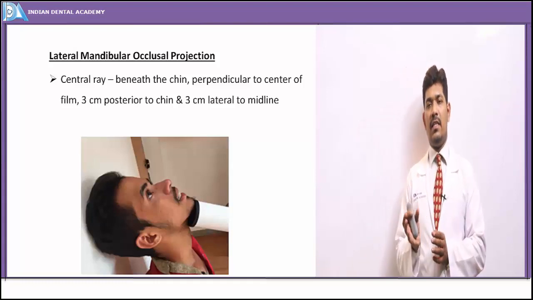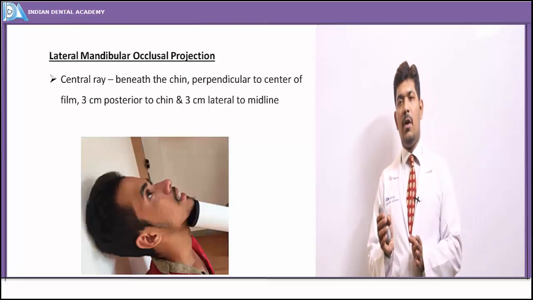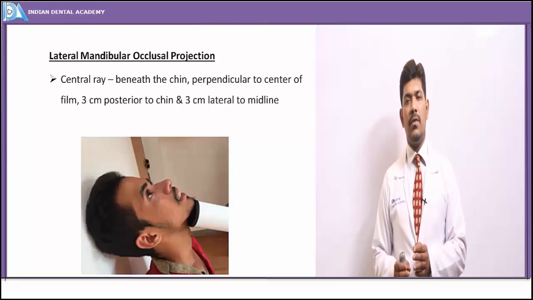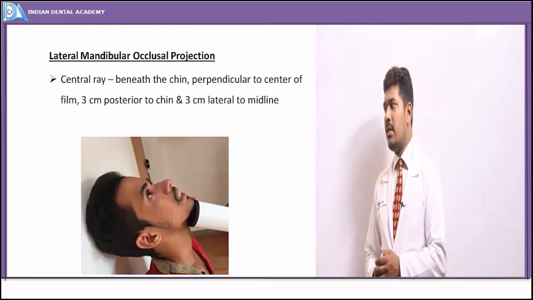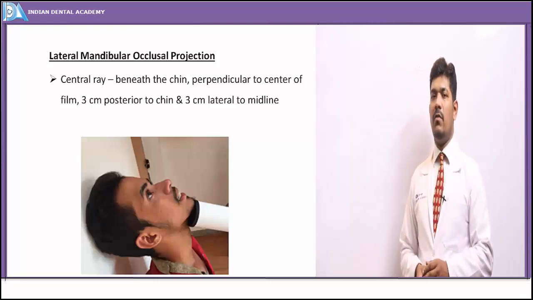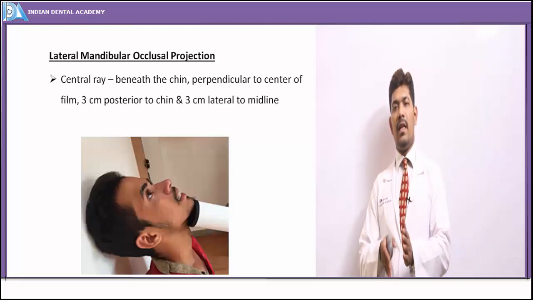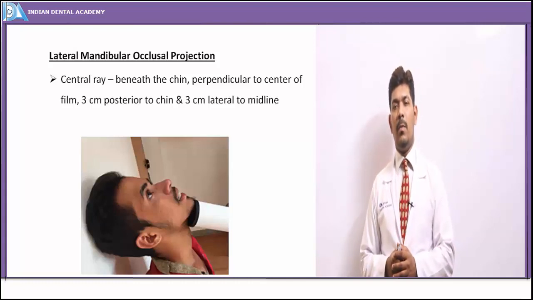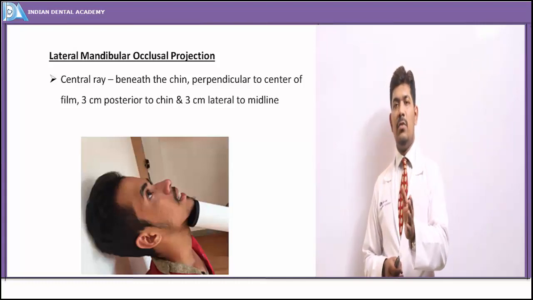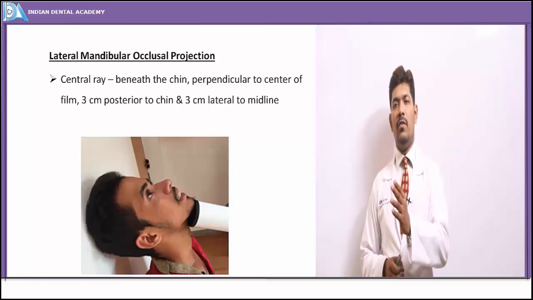Again, it is extended so that only 1 centimeter of the edge of the film goes past the buccal surfaces of the premolars or the molars, and then the patient is asked to stabilize. The placement of the cone is 3 centimeters below the tip of the chin, and again 3 centimeters away from the midline of the floor of the mouth. That enables us to entirely visualize 1/2 or the lateral half of the mandibular arch.